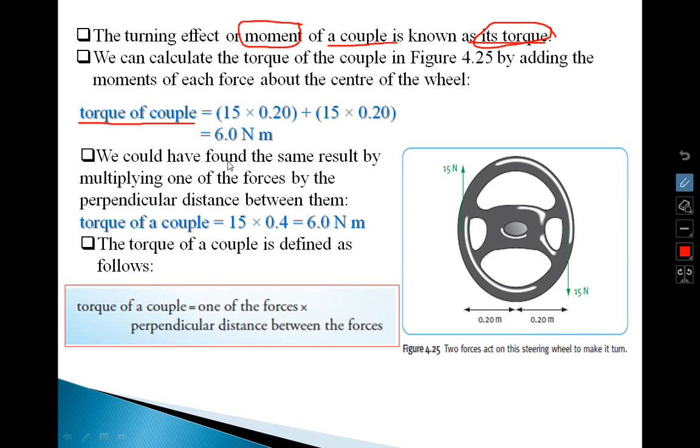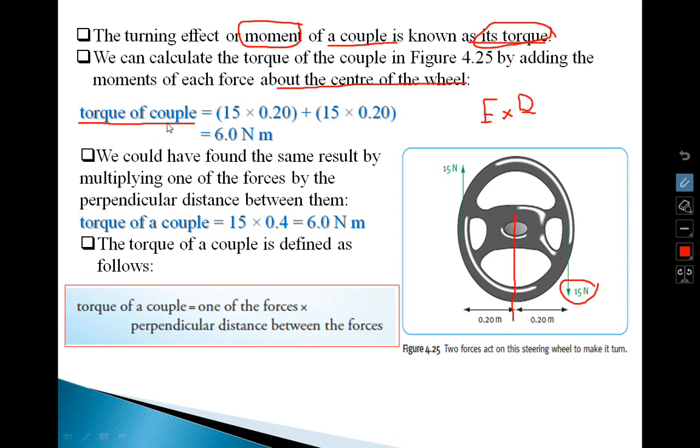Now we are going to calculate the torque of a couple in figure 25, by adding the moments of each force about the center of the wheel. So what's the torque of a couple? It's a force. It's equal to F times D. F is a force, D is the distance from the center here.